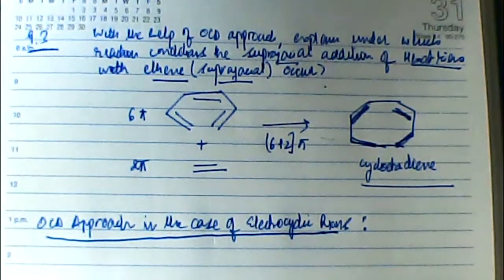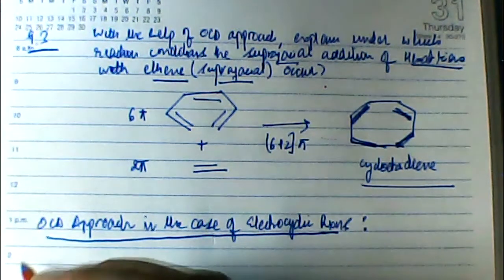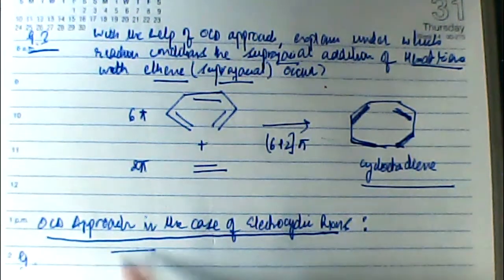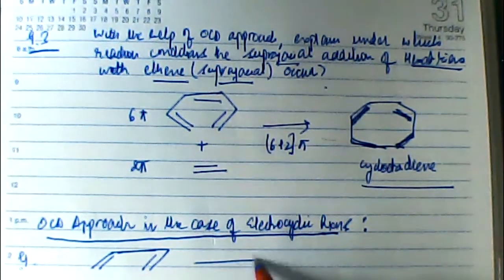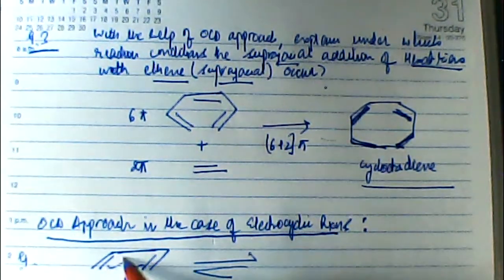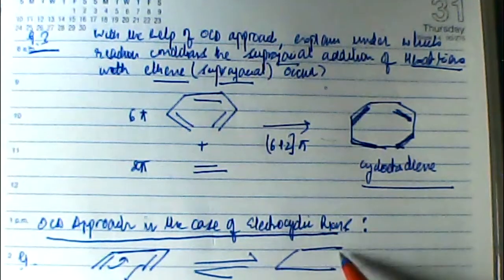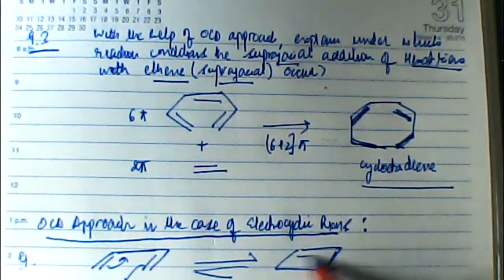The simplest example of this was the electrocyclization of the butadiene molecule. Remember, butadiene is this molecule. This electrocyclized and led to the formation of the cyclobutene molecule. If you remember, this was how we used to make the product.